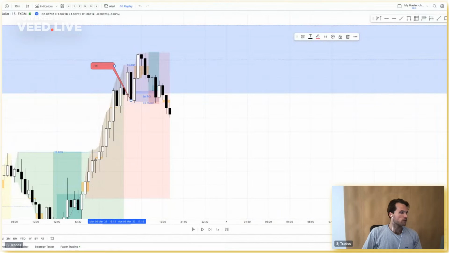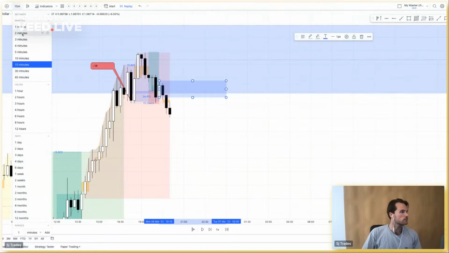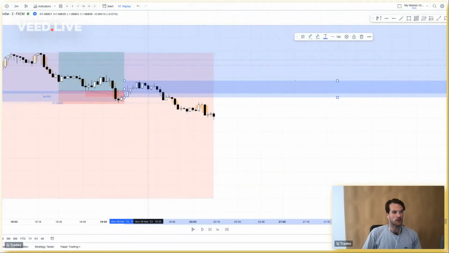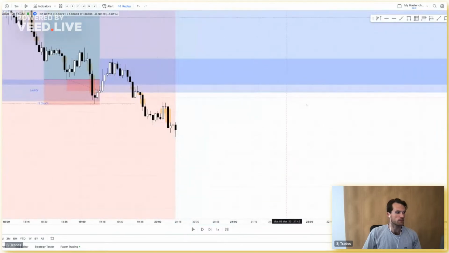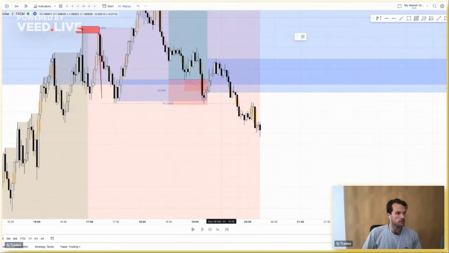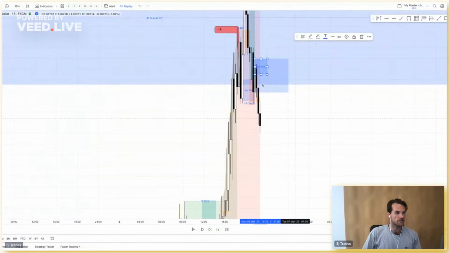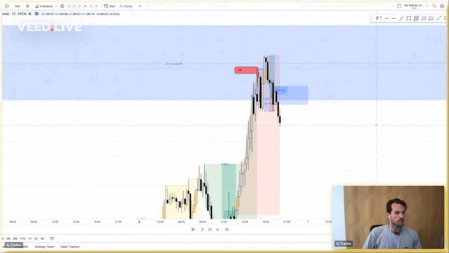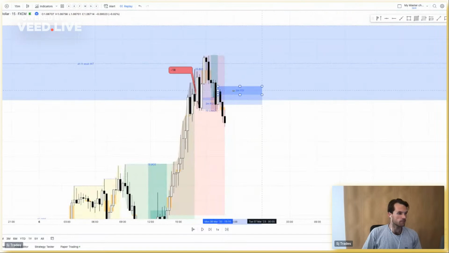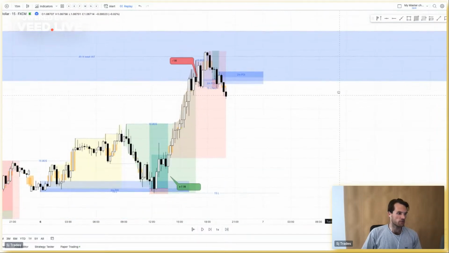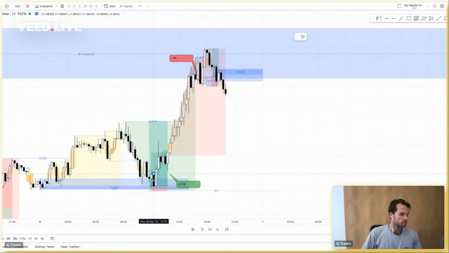And really, we're at a 4-hour point of interest. So essentially, this is where we're trying to get short from to start with. Our first one there, you're looking at the point that led to the chalk. Let's see. And then at this point, we're pretty much targeting 15-minute demand.